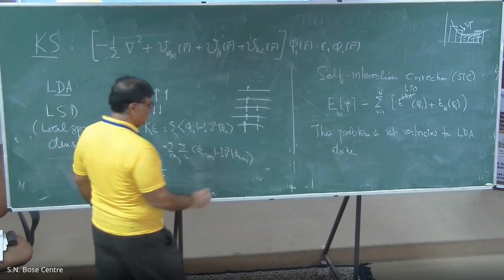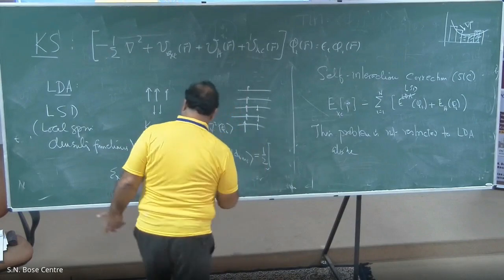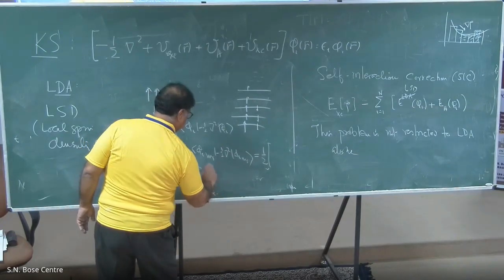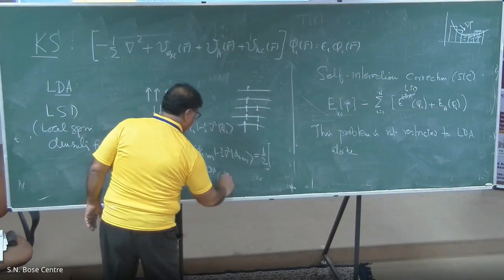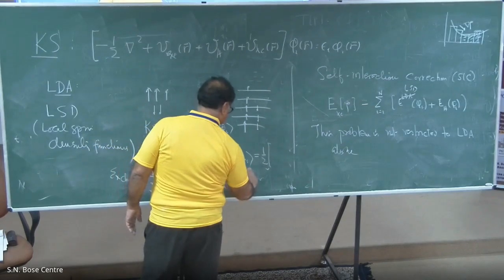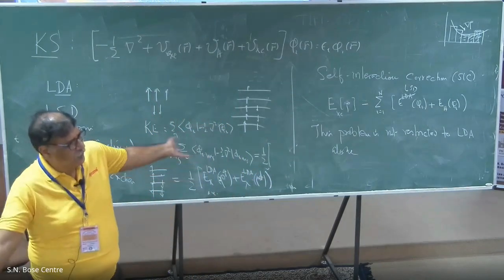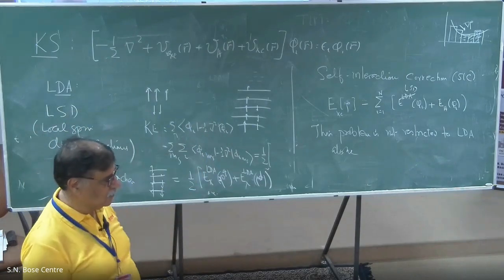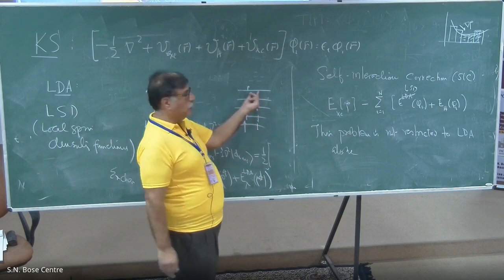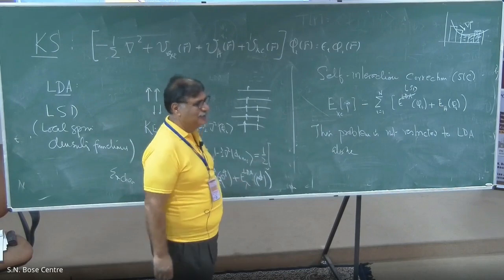So, simply put, exchange comes out to be 1/2 of E_x LDA of twice rho up plus E_x LDA of twice rho down. This is just from those equations. I have these spins; if I put an equal number of down spins, I get the LDA approximation. I take half of it, then add the other.